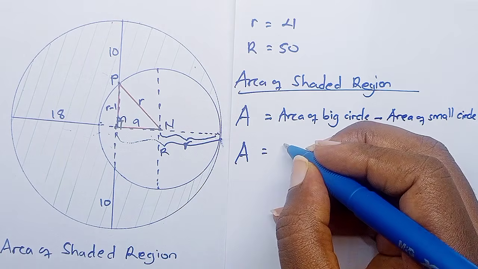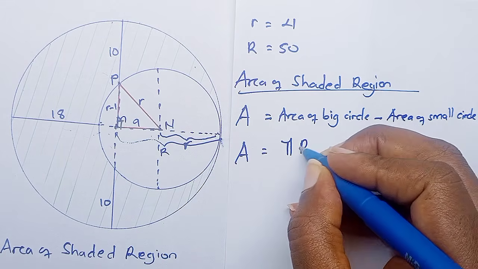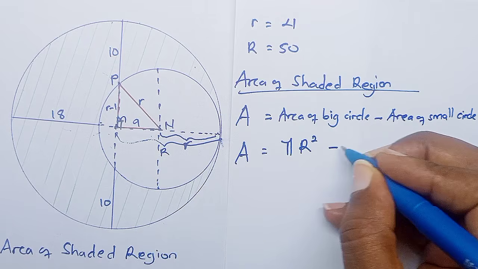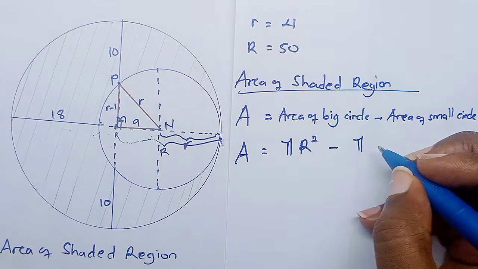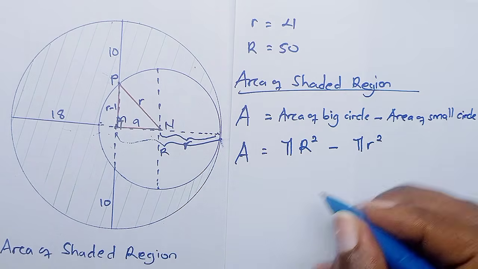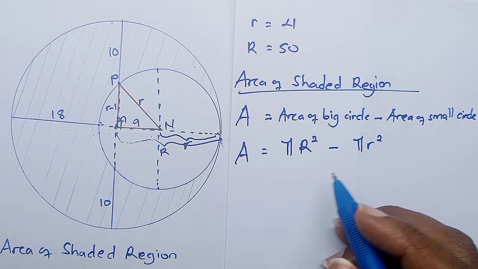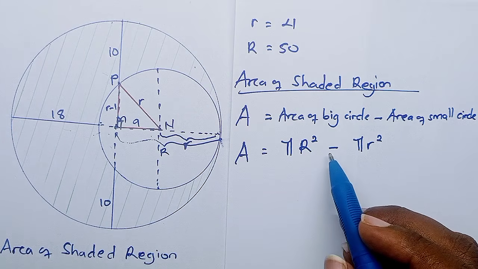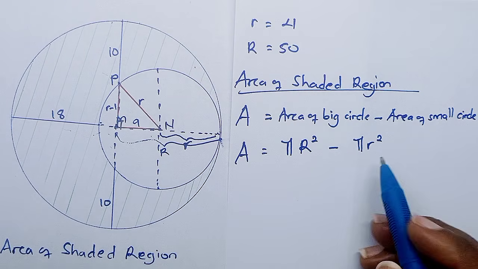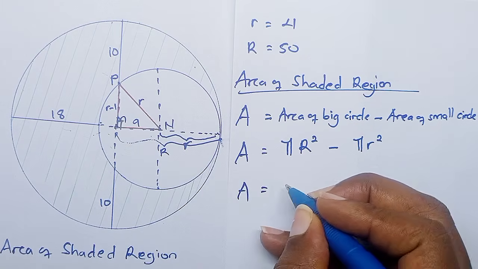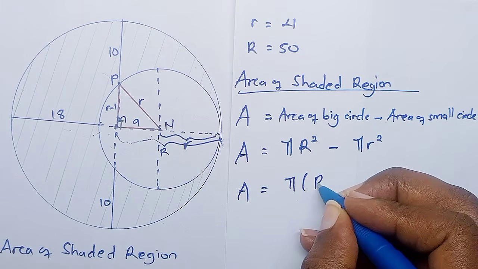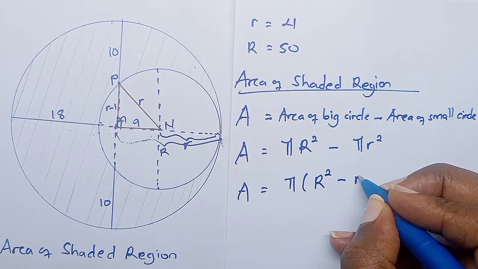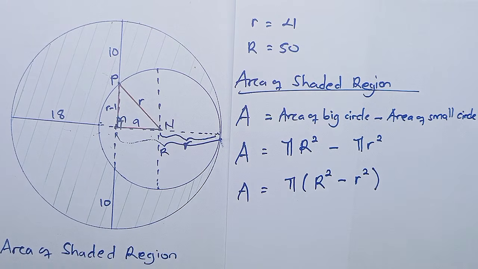So for this big circle, it will be pi, radius is capital R squared, then minus pi, radius of small circle is small r, so pi r squared. We factor out pi since it's common. So we shall have A is pi into capital R squared minus small r squared.